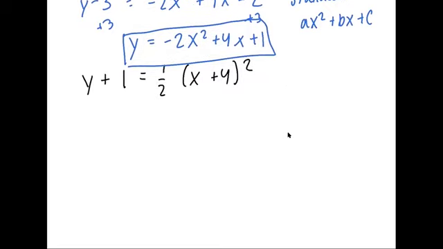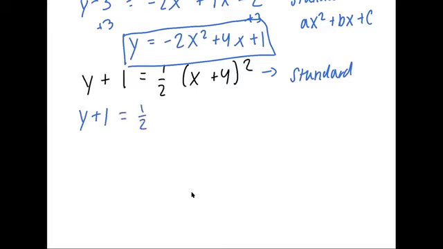Moving forward here, the next one is y plus 1. Let's make this one a little bit more difficult. Oh, nope, it still says convert to standard form. So we're still going to take this one and go to our standard form. We have y plus 1 on the left-hand side, which we don't touch yet.